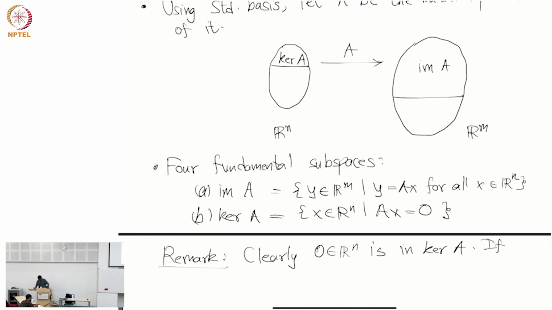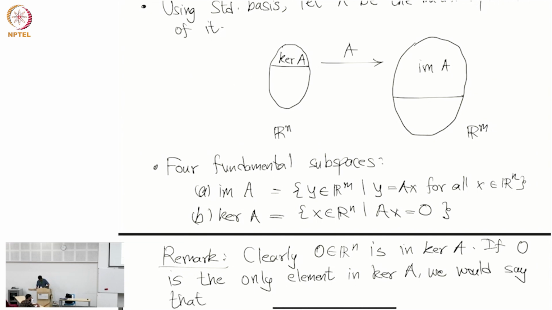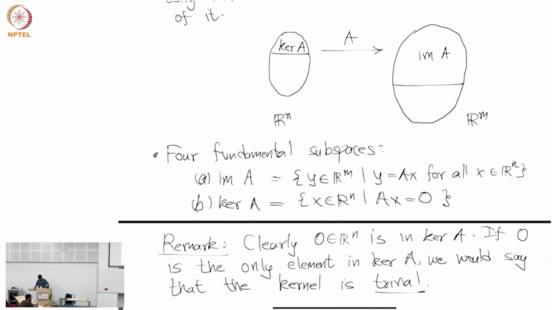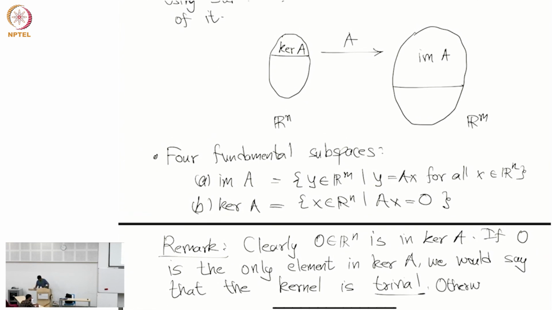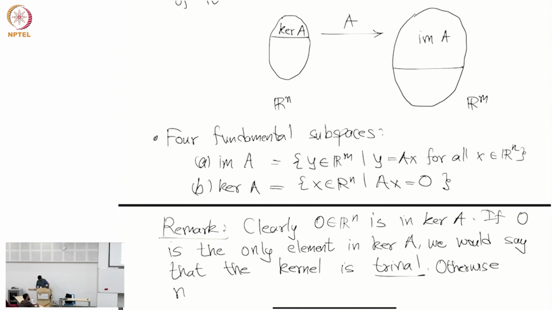If 0 is the only element in the kernel, we would say that the kernel is trivial. Okay, otherwise it's non-trivial.